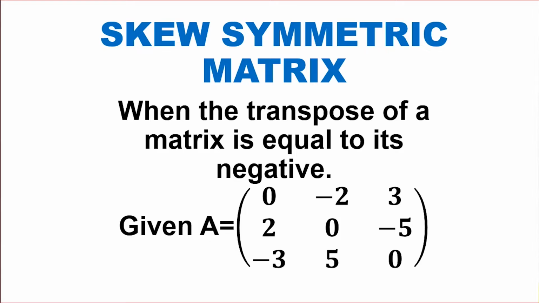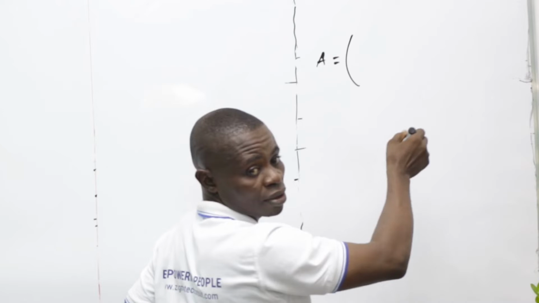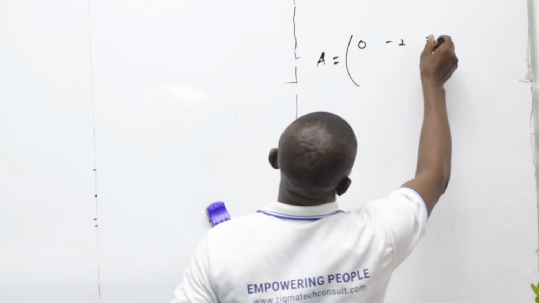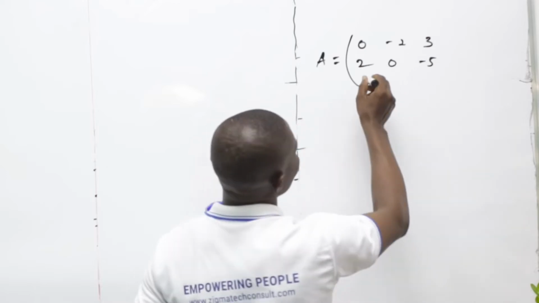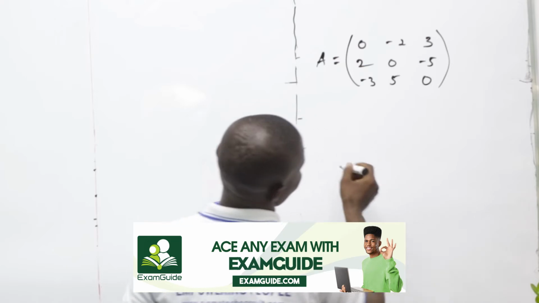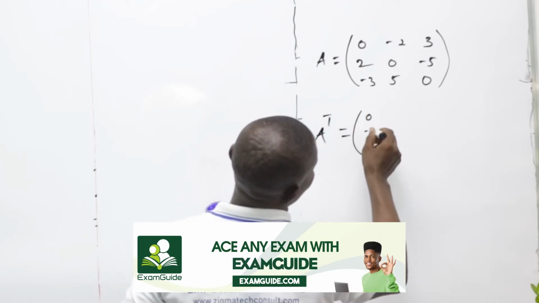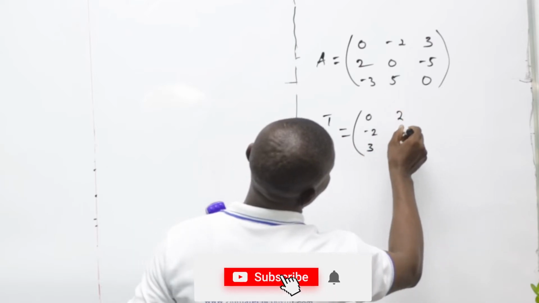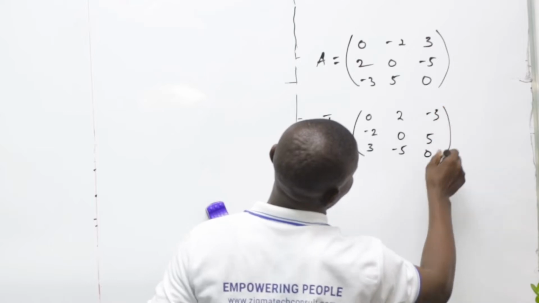Skew symmetric. That's a matrix given to us. This is a matrix A, equals 0, minus 2, 3, 2, 0, minus 5, minus 3, 5, and 0. Now, the transpose: 0, minus 2, 3, 2, 0, minus 5, minus 3, 5, 0.